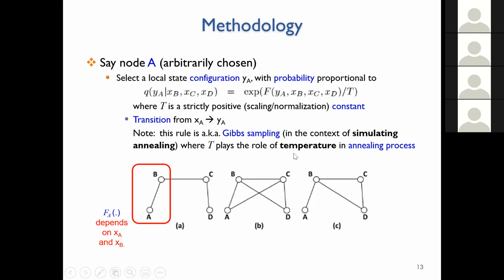In the context of simulated annealing or MCMC, T is not simply a fixed constant in your algorithm. You will choose your T adaptively in a certain manner, in a process we call the annealing process, which means T will start from a positive constant, let's say, for example, 20 or 1,000, any large number.